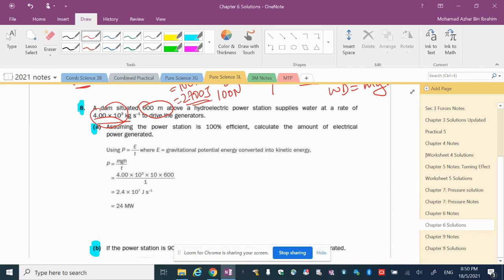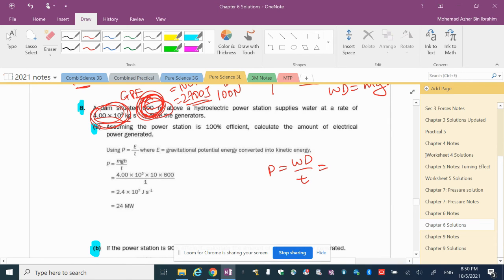To calculate the power, it is actually the work done over time. Now the work done in this situation, they never mention anything else, because the dam is situated 600 meters above ground, so you know that's GPE. The work done is equivalent to the GPE of this amount of water at 600 meters above ground.